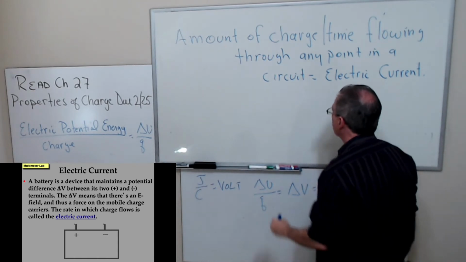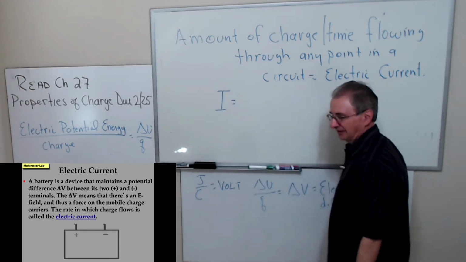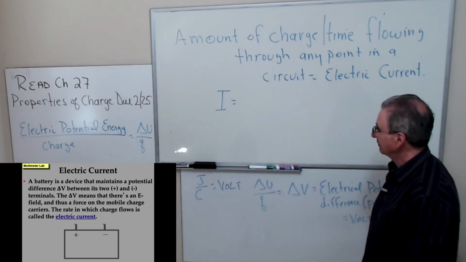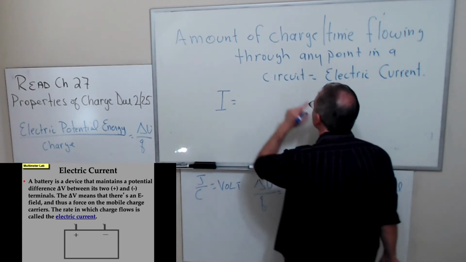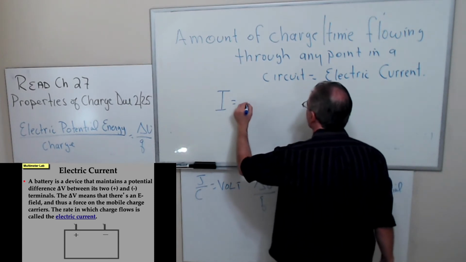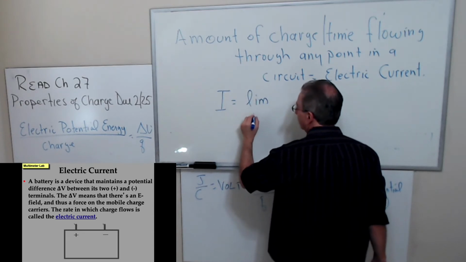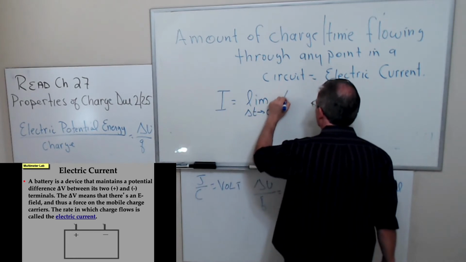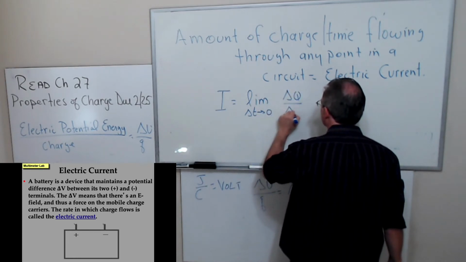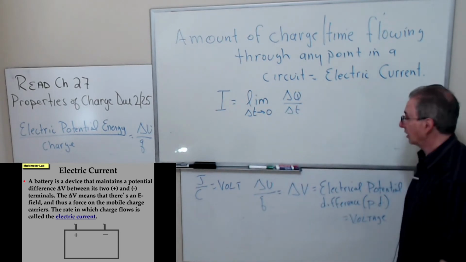And so we use the letter I for the electric current, not C before I, because that would be confusing with coulombs and all that. And the charge per unit of time, I would take the limit, because if I want to know it instantaneously, the limit as delta T goes to 0 of delta Q over delta T. Delta Q is the amount of charge that passes through a point in a unit time.